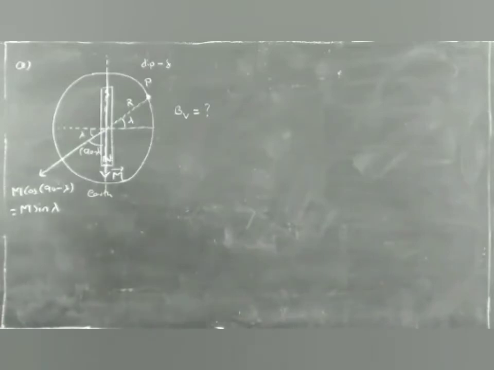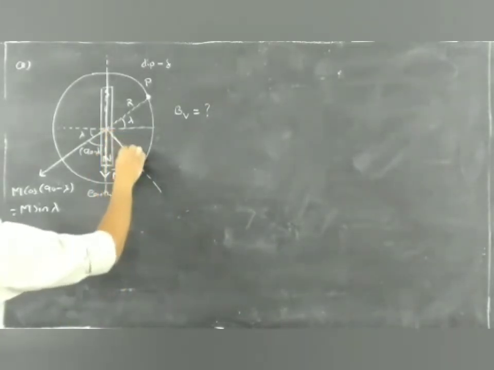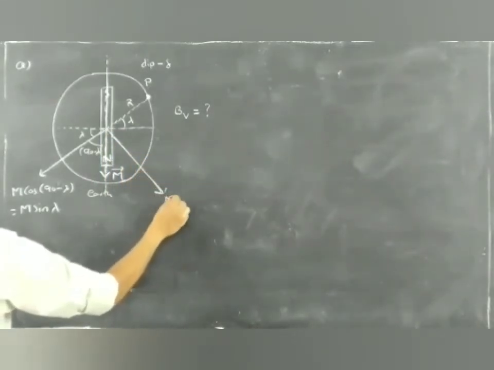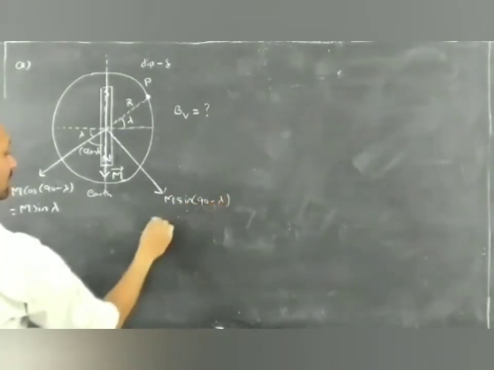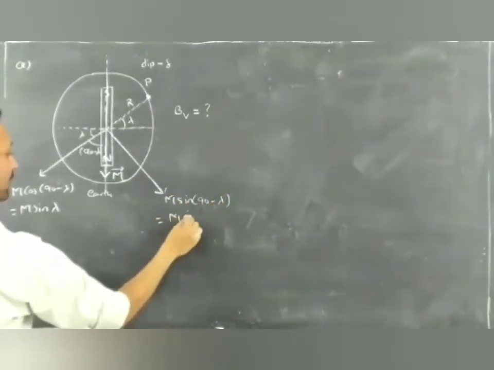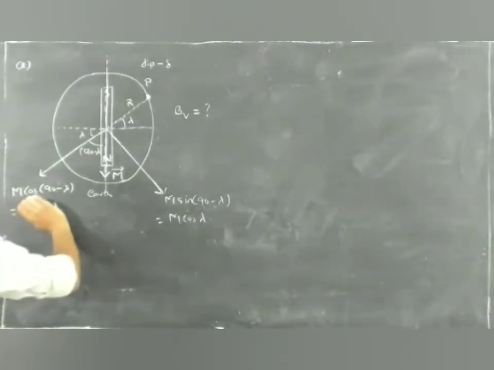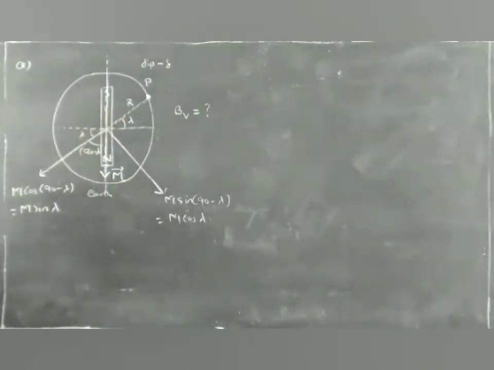And perpendicular to this one, we will get the other component of the m value, which is m sine of 90 minus lambda, which is equal to m cos lambda here. Now suppose let us consider this is the magnetic moment of a magnet here.